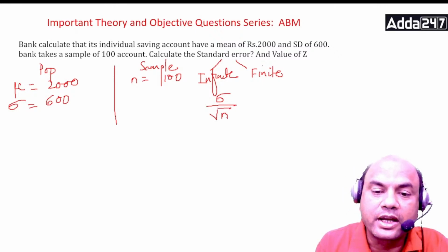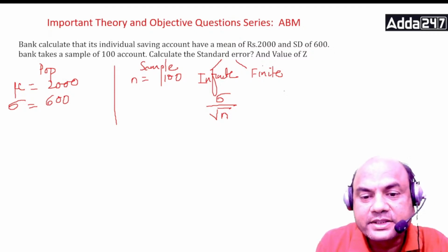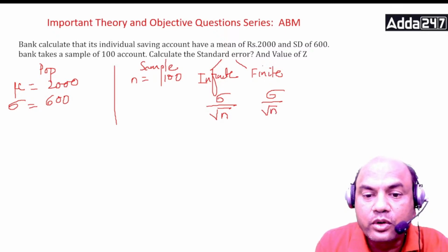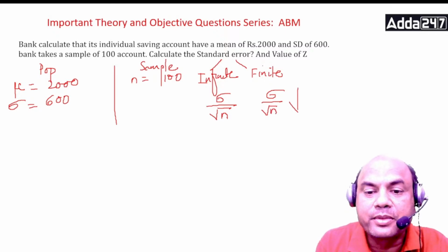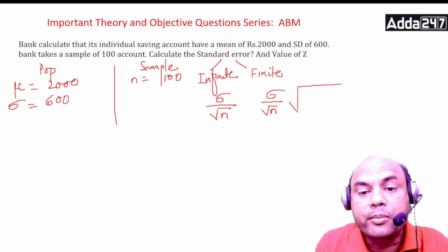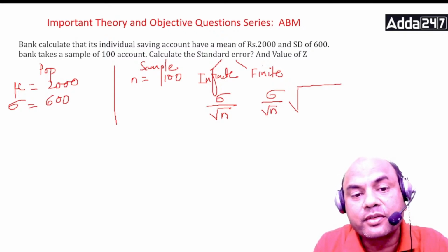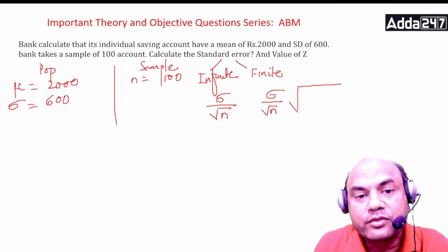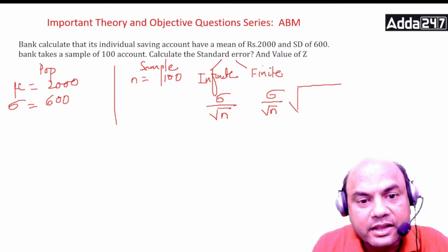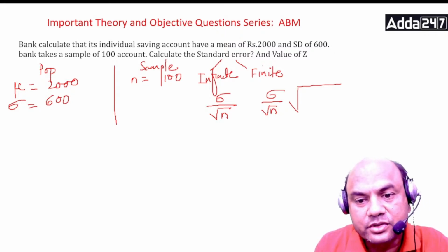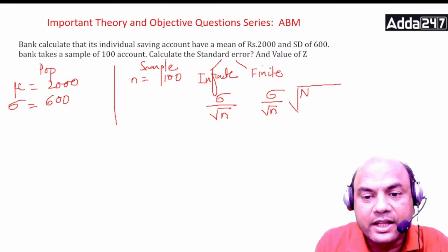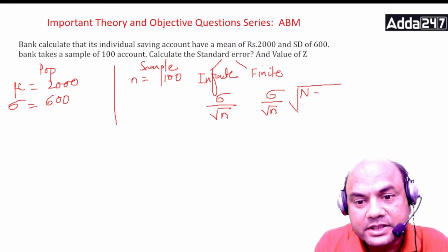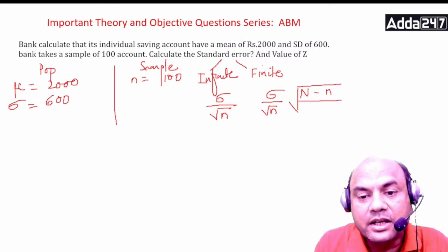For finite population, it is the same, sigma upon root of n, into another factor. Finite means whenever you know the population size, for example if they had given that savings accounts are, let's say, 500, then it would have been a finite population. So you multiply by the square root of capital N minus n upon capital N minus 1, where capital N is the population size and n is the sample size.